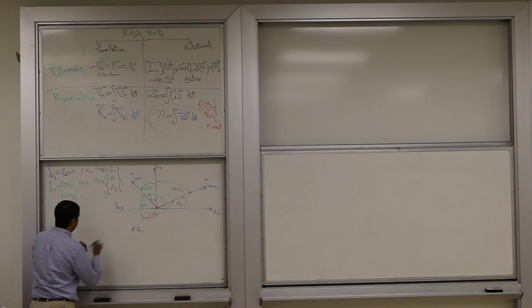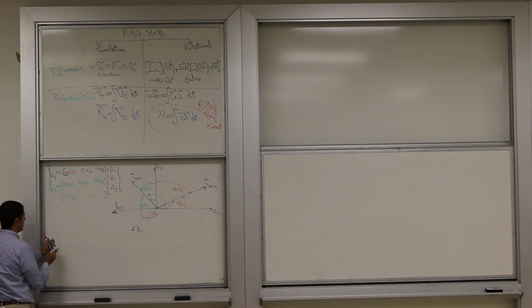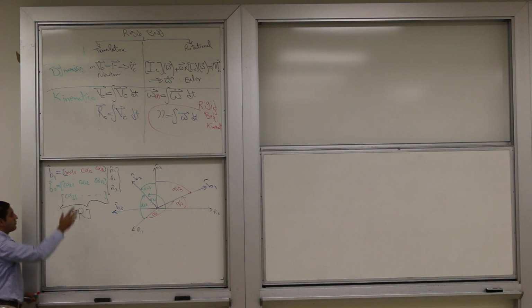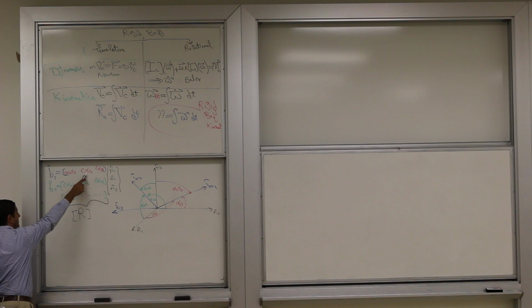We call this the rotation matrix, R, that describes the body frame with respect to the inertial frame. And it has 9 components. It's not symmetric. Simply, you can see very easily, this angle is totally different from that angle.